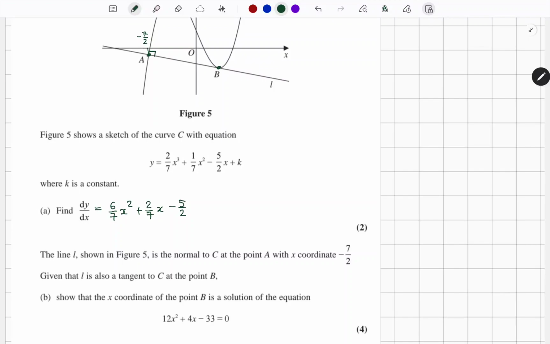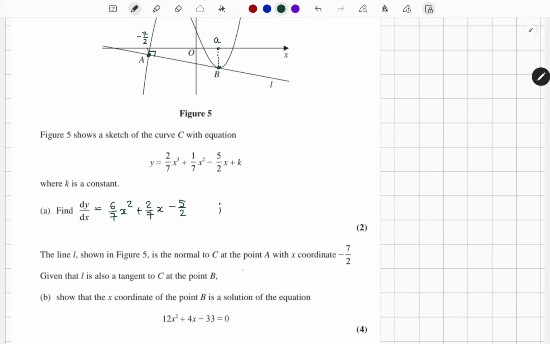Okay. So let's say the x coordinate of B is, let's say A. And look, I can find the slope or gradient of the normal at the point A. So what is it?